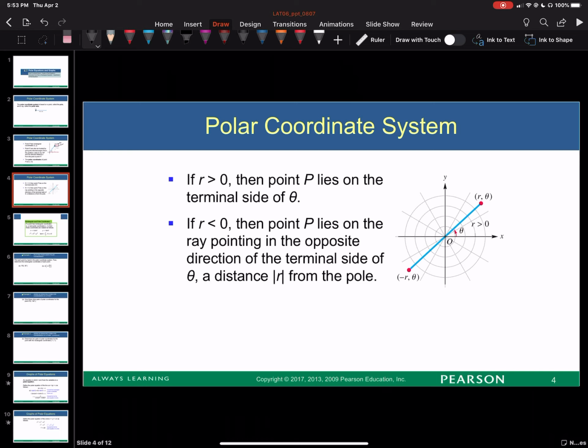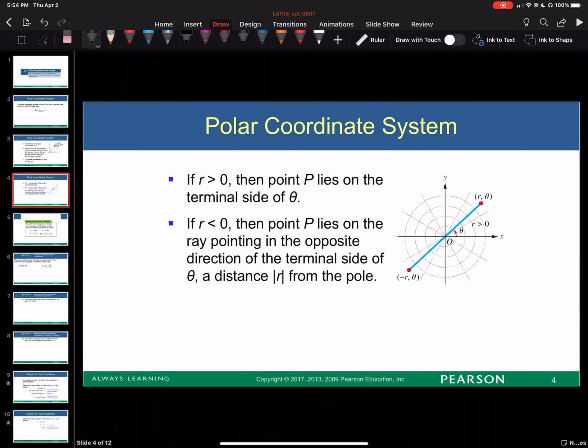So let's look. If r is greater than 0, then point P lies on the terminal side of theta. If r is less than 0, then the point P lies on the ray pointing in the opposite direction of the terminal side of theta, a distance of the absolute value of r from the pole.